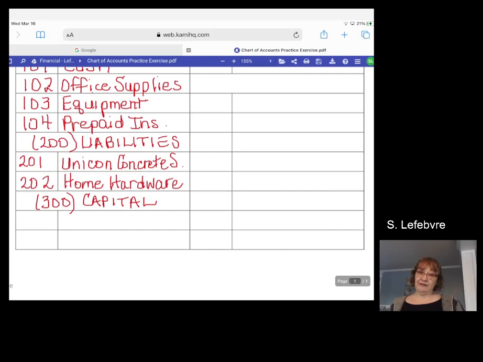Okay, and to show my first capital account, it would be 301. I'm going to put the owner's name, comma, to show it's the capital account. And at this point, we're going to have two capital accounts always. So 302 would be your owner's drawing account.